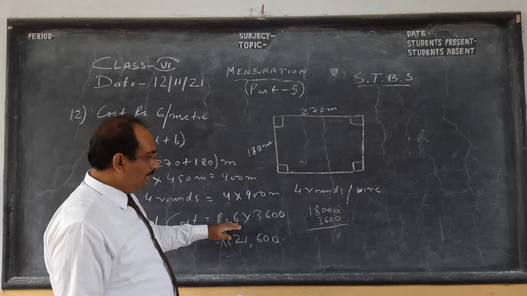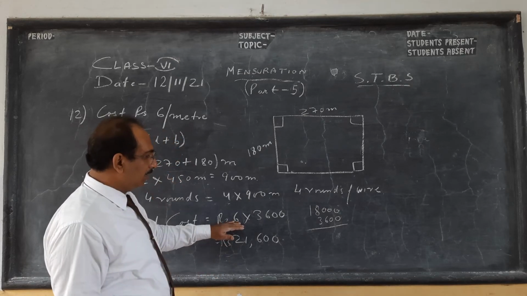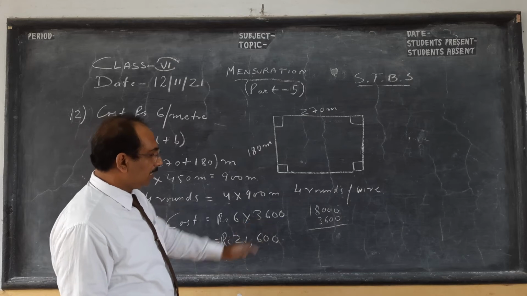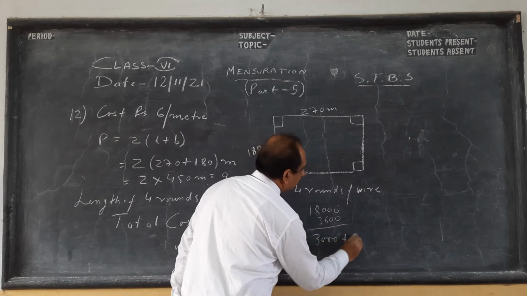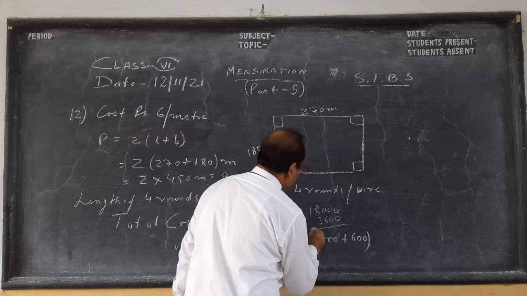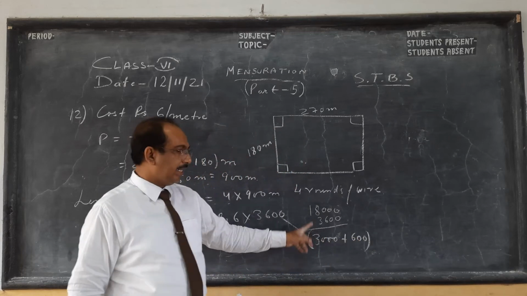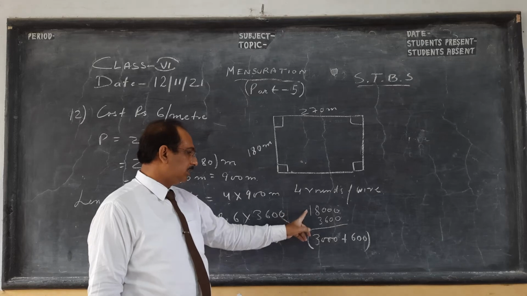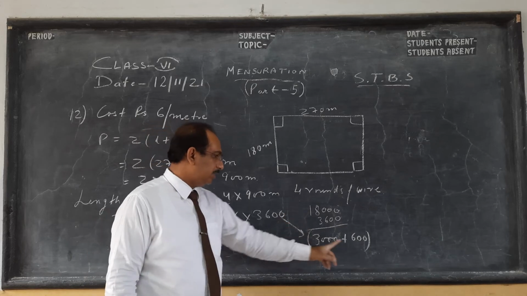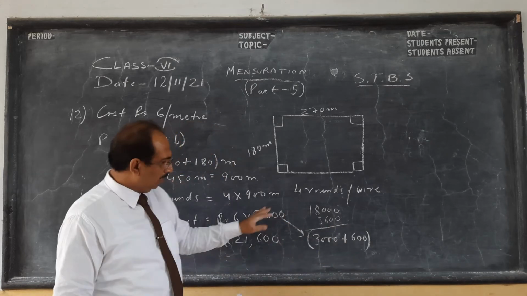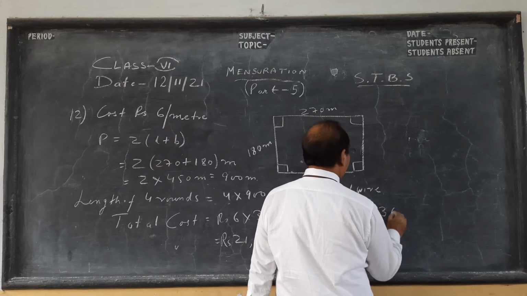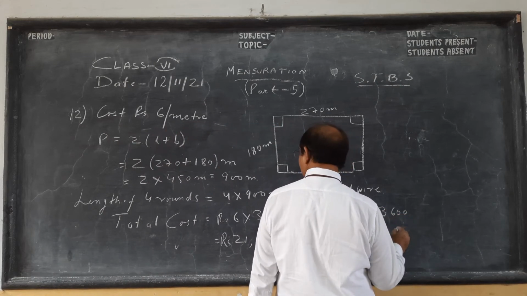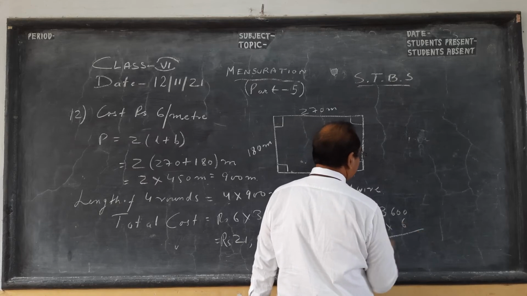What I have done, if you see, 6 into 3,000, I have broken this as 3,000 plus 600. Okay, so 6 3s are 18, 3,000 into 6 is 18,000, and 6 into 600 is 3,600. You can do traditional method, children. Generally, my teachers were very good and I was taught mental maths very nicely.